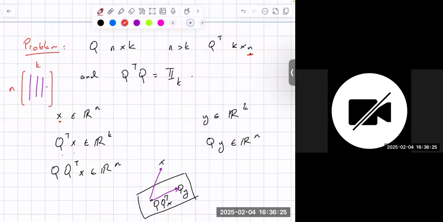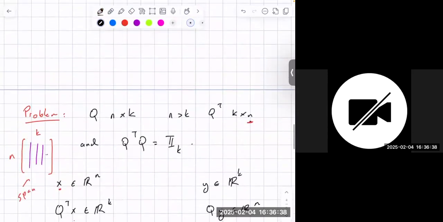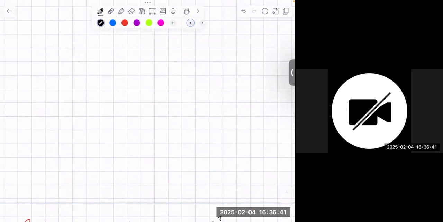Anything in the span of these columns can be written as Q times y, where y is a k-dimensional vector, okay? Let me make this concrete. Let's say Q was 3 by 2, columns Q1, Q2. I got only 2 columns, and they got 3 coordinates, right? What is the span? Literally put a number in front of the first vector, put a second number in front of the second vector, and sum them up. That's what you could do with these 2 vectors.